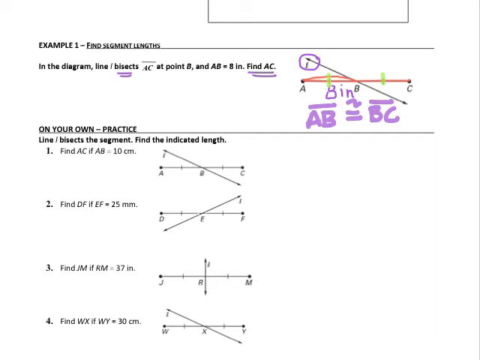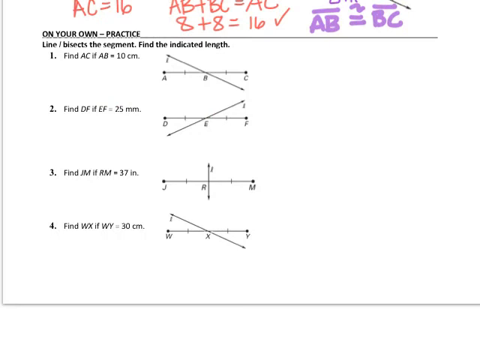So if AB is 8, then that means BC is 8, which means that the entire length of AC must be 16, right? And the reason for that is because AB plus BC is going to equal the whole length of AC, which is 8 plus 8, and that's how we can prove that AC is 16.